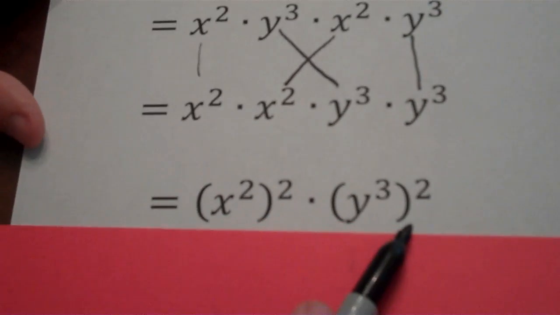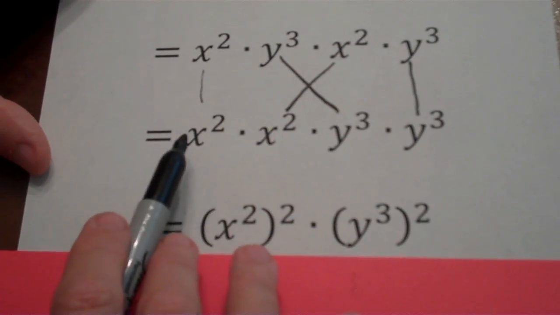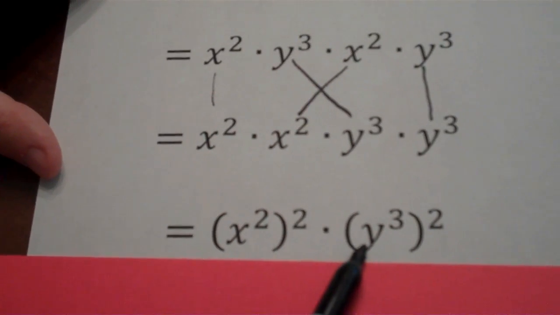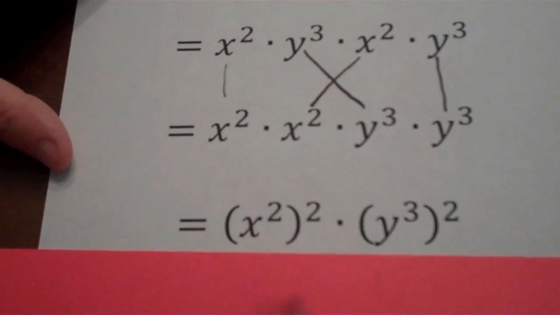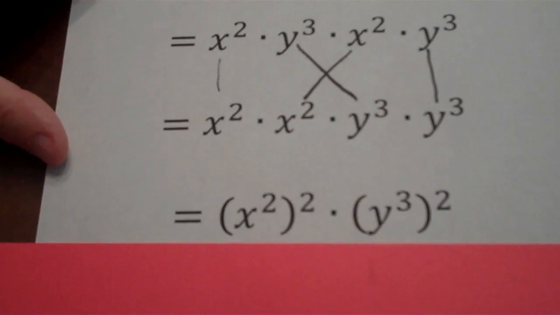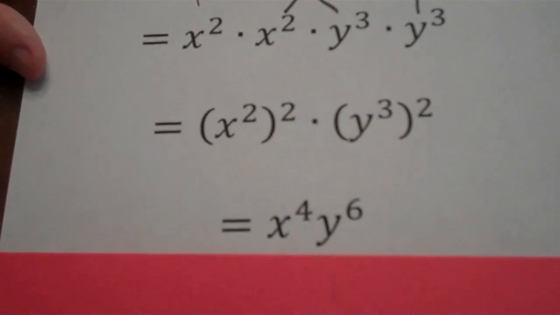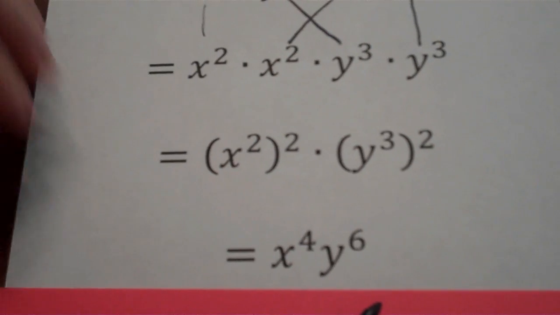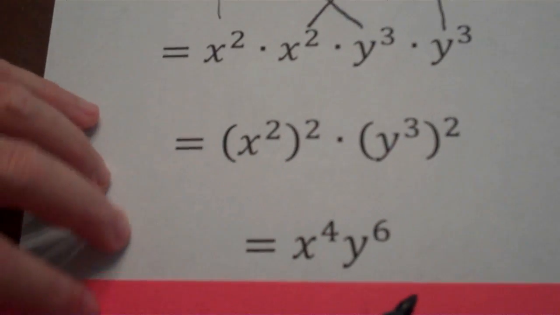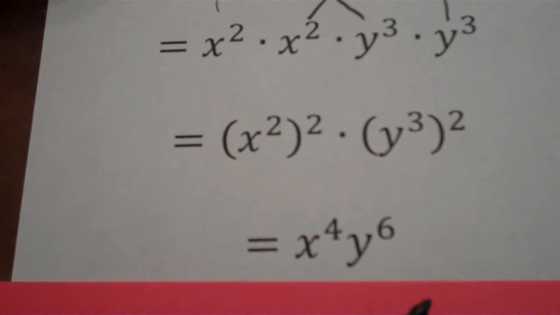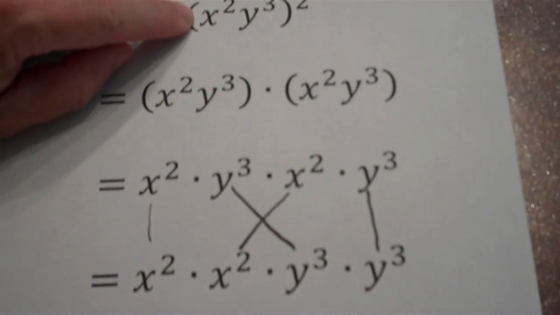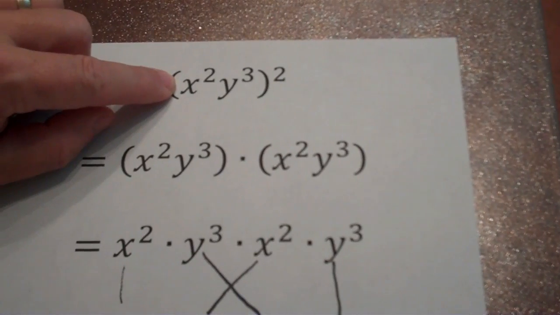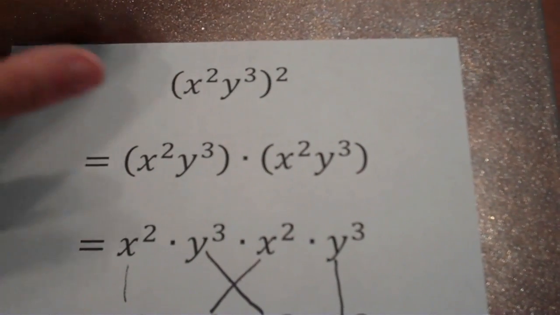And when I combine those, basically what I'm saying is I've got x squared squared, and I've got y cubed squared as well, or 2 of each of those multiplied times each other. And then of course that leaves me with 4 x's altogether times 6 y's. Now the rule of thumb is this: as long as this is all multiplication and division inside this first parenthesis, I apply that same principle we learned way back on what?